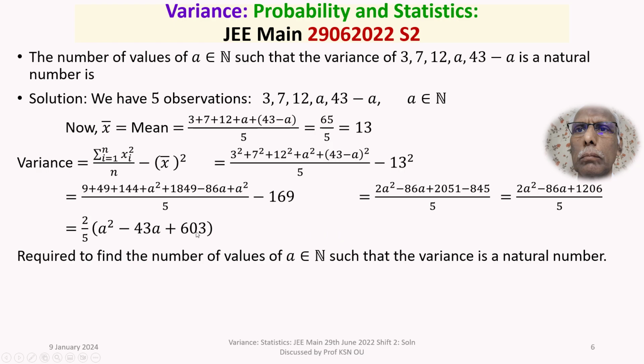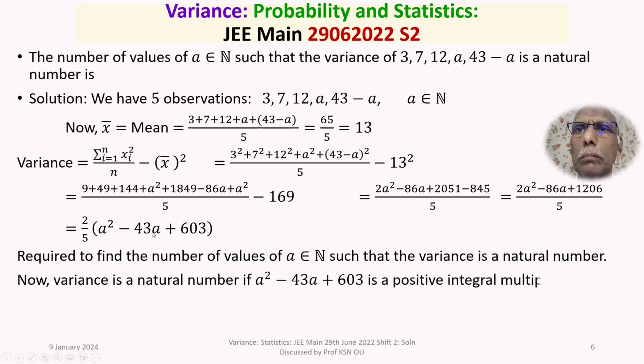When is this variance a natural number? If A square minus 43A plus 603 is a positive integral multiple of 5, that is 5n, where n is a natural number.